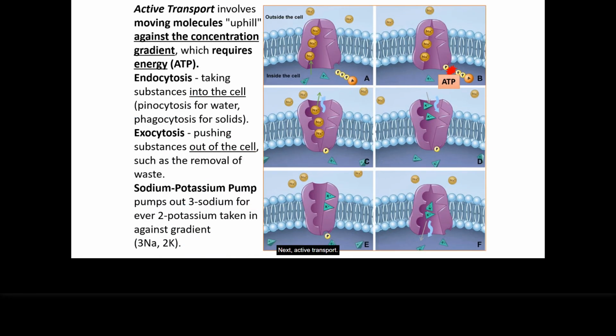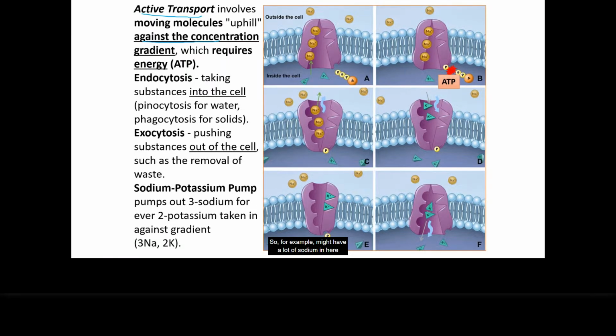Next, active transport. It means movement against the concentration gradient. All passive transport moves along the concentration gradient, from high concentration to low concentration. In active transport, it's the opposite, we're moving against it.